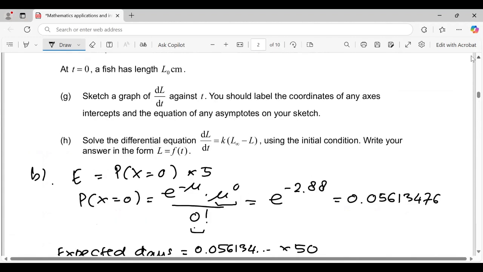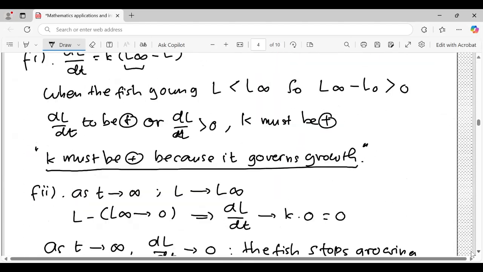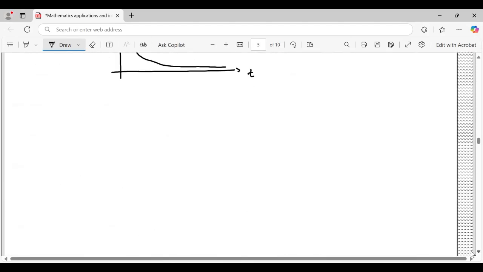Solve the differential equation dL/dt equals k times L infinity minus L, using the initial condition. Write your answer in the form L equals a function of t.